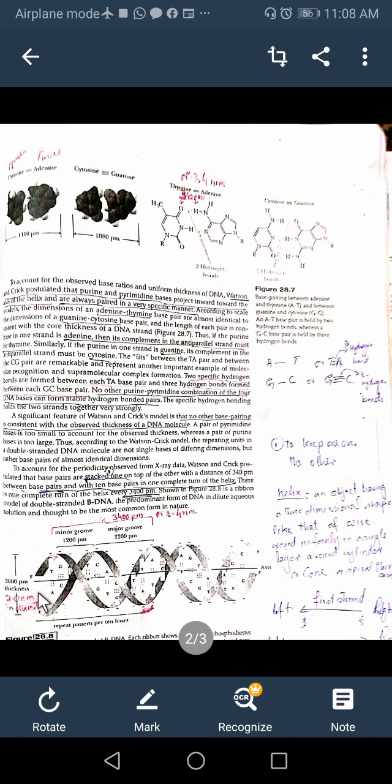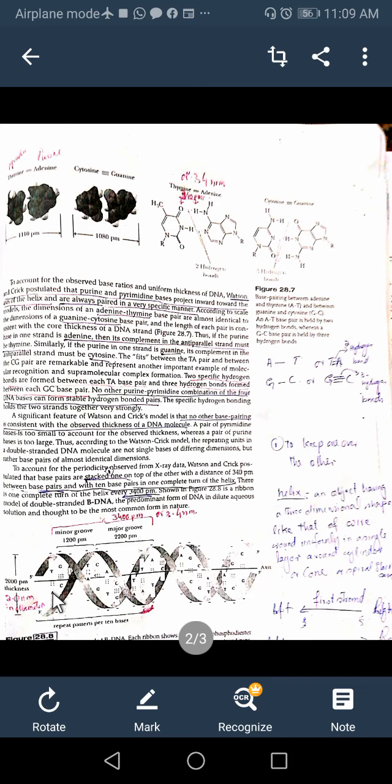Since here one base pair is not written, you can start from here. This is number 1, 2, 3, 4, 5, 6, 7, 8, 9, 10. This is one complete turn of the helix, and it has how many base pairs? 10. 10 base pairs are present in one complete turn of the helix.